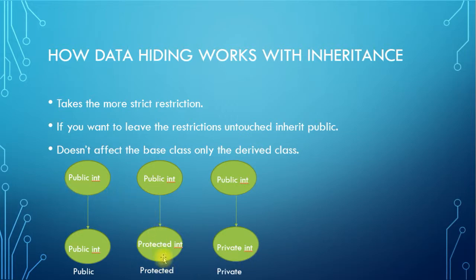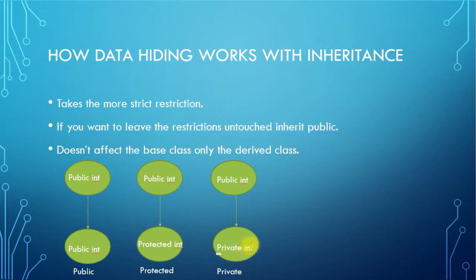But if you inherit protected and you have a public data member or method inside of your base class, when it's inherited, it will turn into a protected data member or method. So it'll still be public in the base class, but in the derived class it will be protected. And of course, if you inherit privately and there is a public data member or method in your base class, it will be private in the derived class.